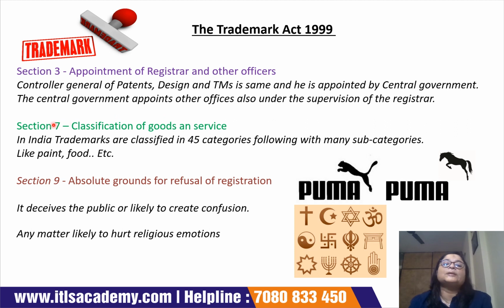Now section 7, classification of goods and services. This section defines, for example, that if I am selling some food, or anyone is doing food service, it will come in the food category, or someone is selling medicine, or someone is doing research.